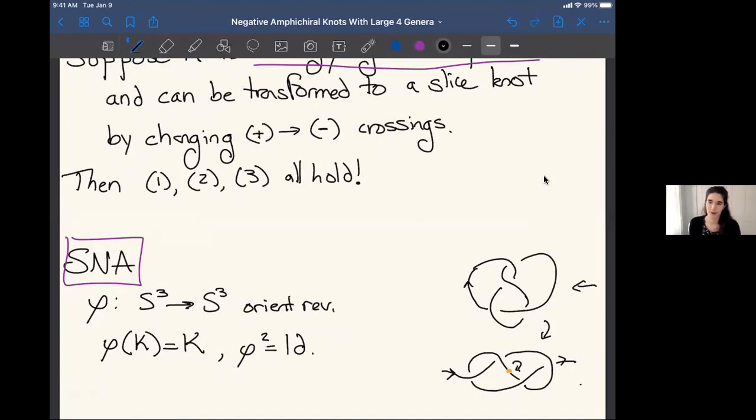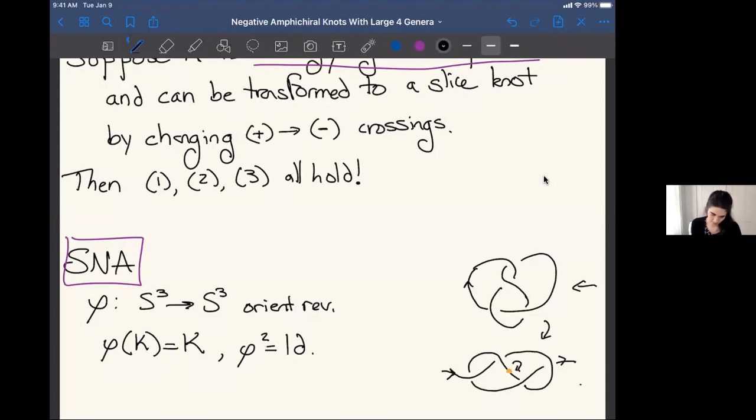I'll pause for a second to give you a chance to imagine that. Rotate 180 and then reflect. So that is an orientation reversing map of S3. It certainly takes the knot to itself, and it squares to the identity.